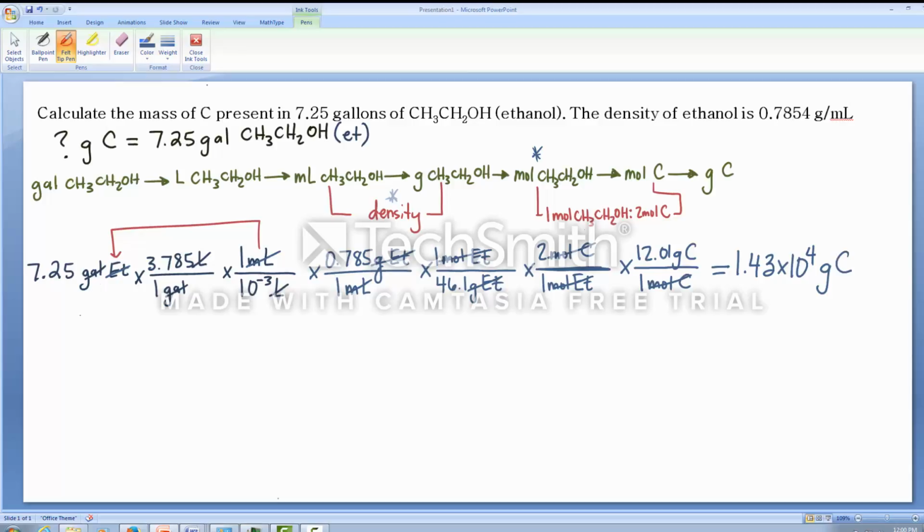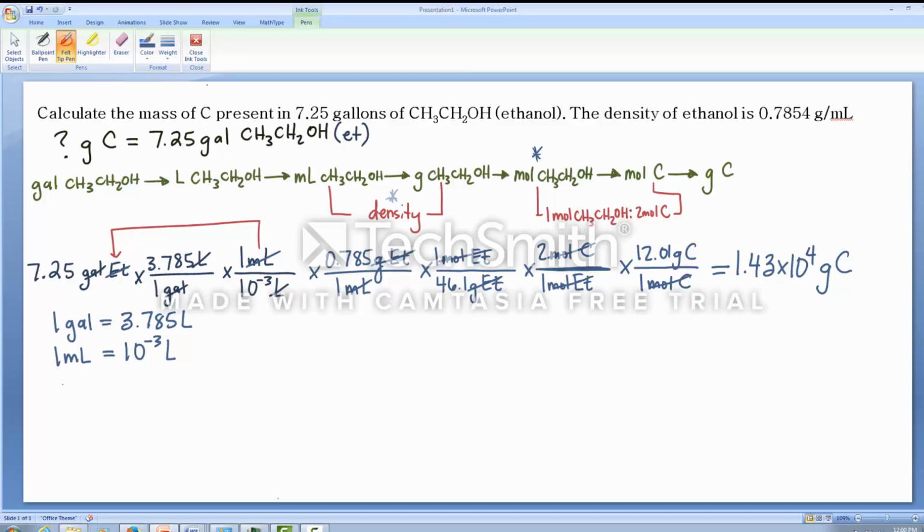So the quantities that we used: the fact that 1 gallon is equal to 3.785 liters. We use the fact that 1 milliliter is equal to 10 to the minus 3 liters.